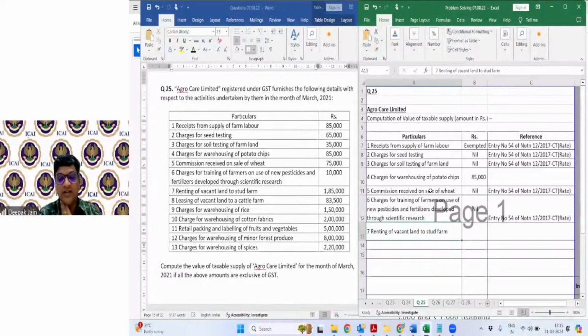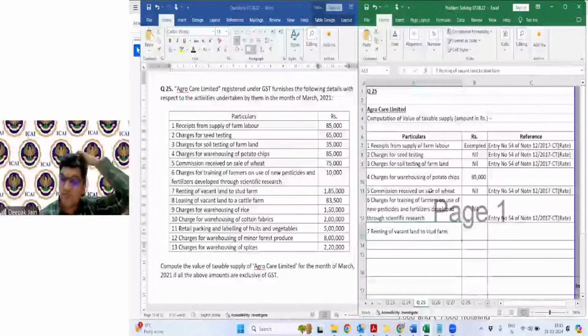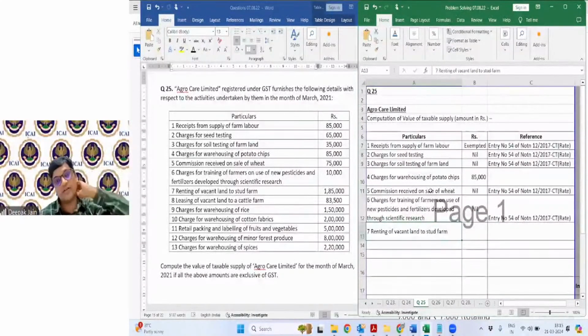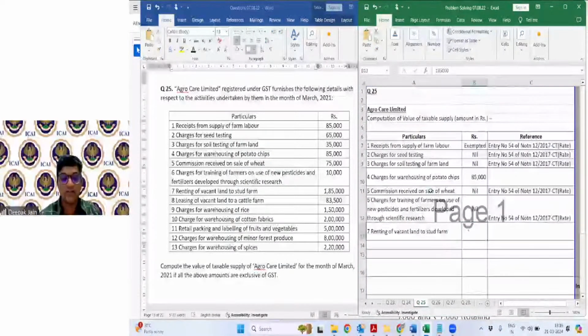Everybody is saying eight is exempt. Seven, they're saying no, it is taxable because stud farm is not exempted, right? Stud farm, mind you, rearing of all forms of domestic animals are exempted except horses. When they specifically use the word except horses, stud farm is farming of horses itself. So it is taxable, it is not exempt.